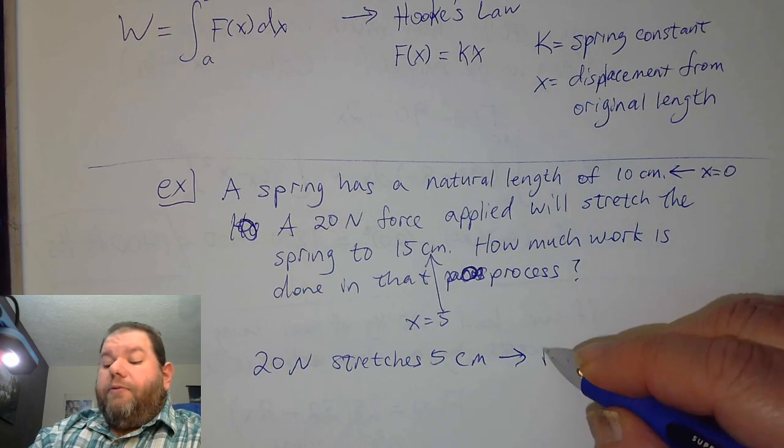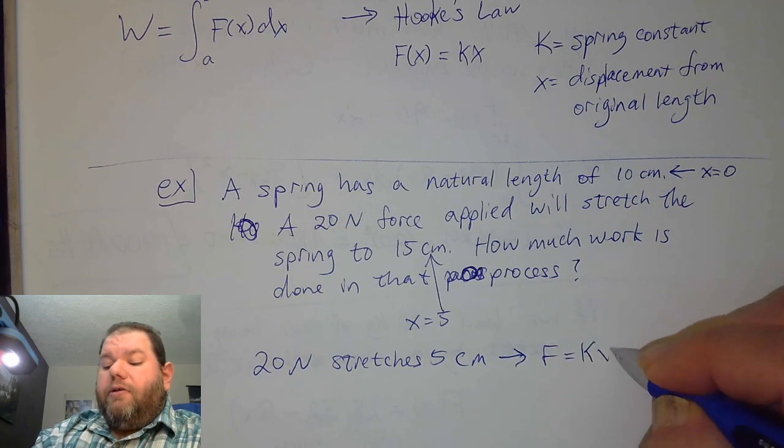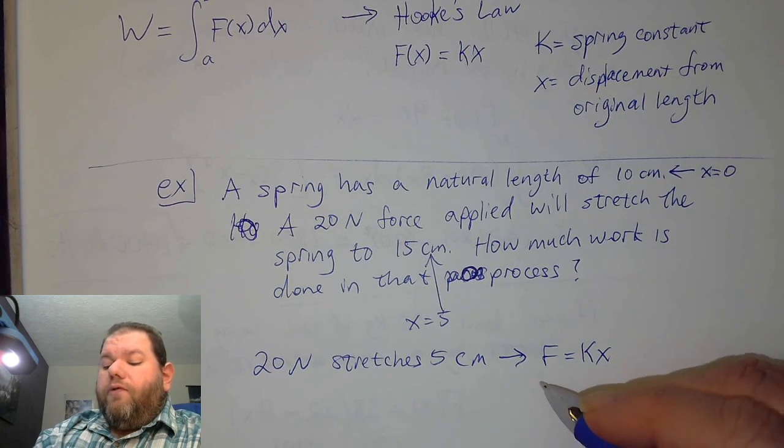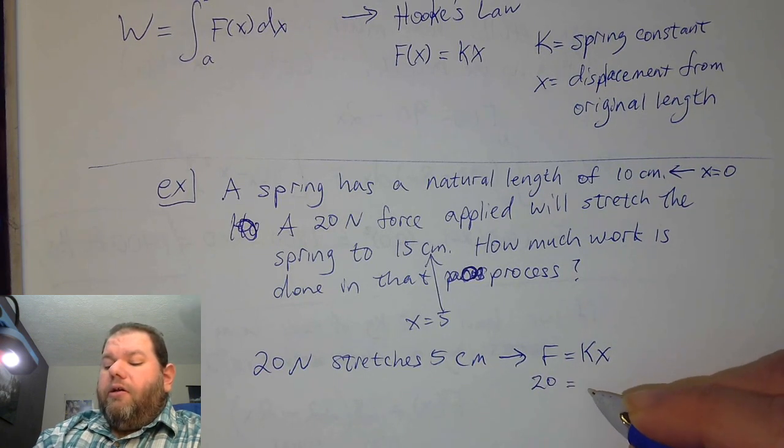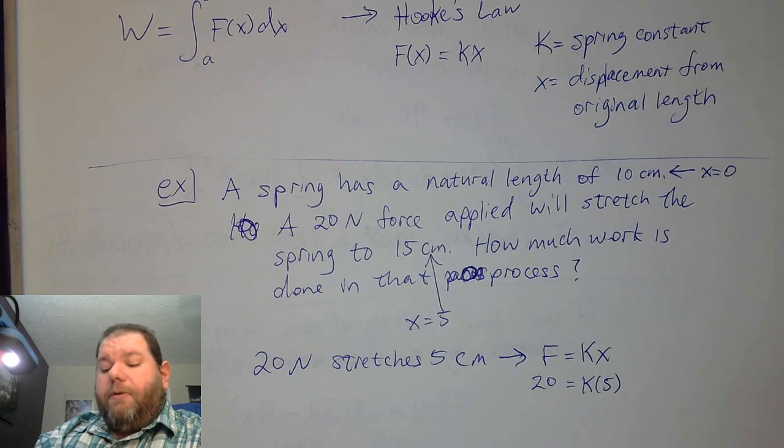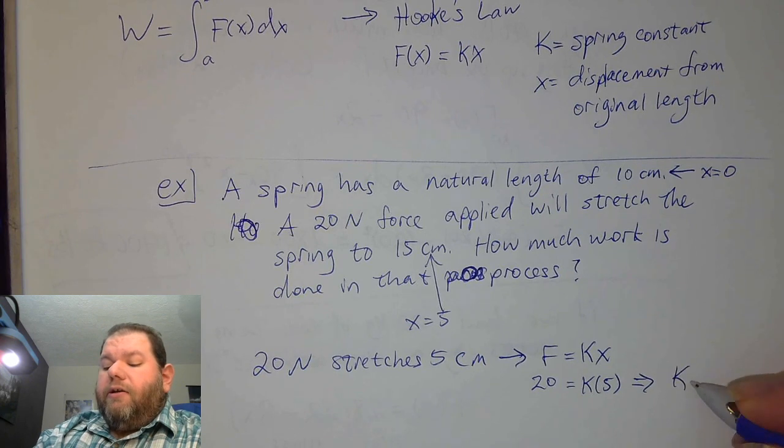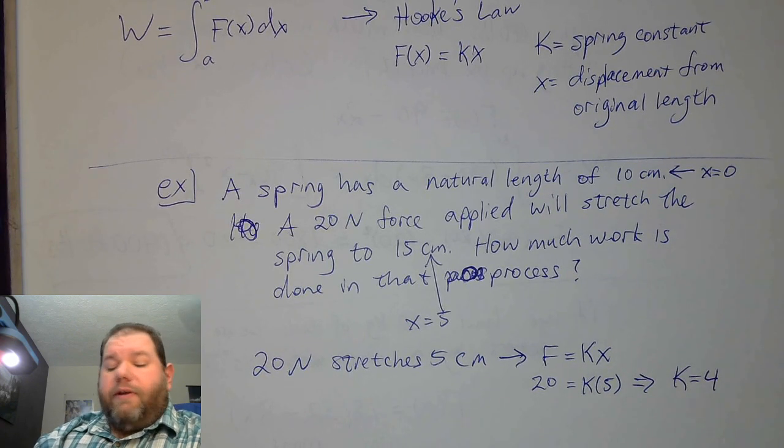So if we use F equals kx, with a 20 Newton force and 5 centimeter displacement, that means that k is going to equal 4 in this case, in newtons per centimeter.